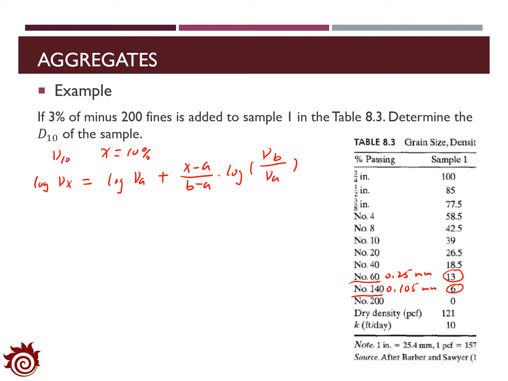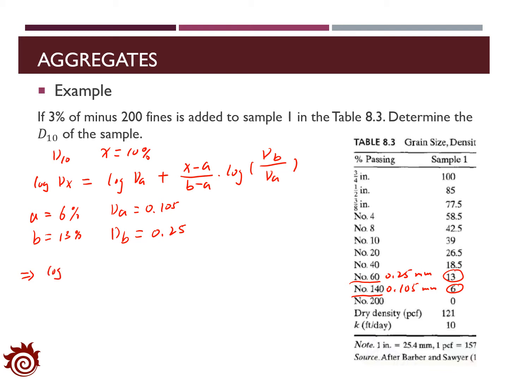Now we can assume that A equals 6, and then dA is 0.105, B equals 13, and then dB is 0.25. With that, we can find the value of D10.